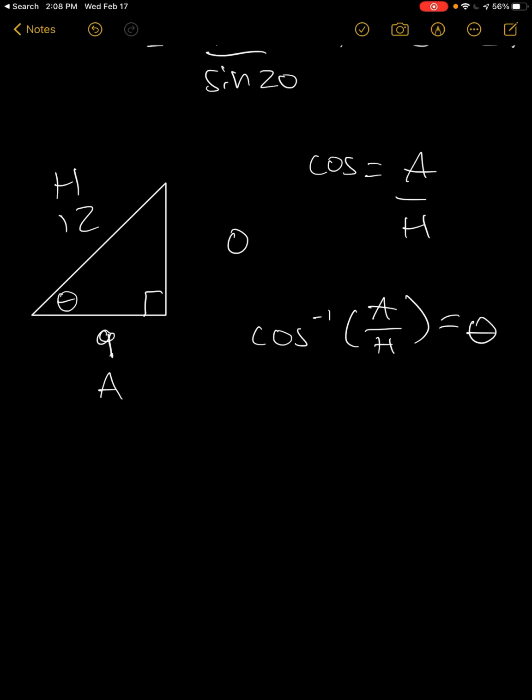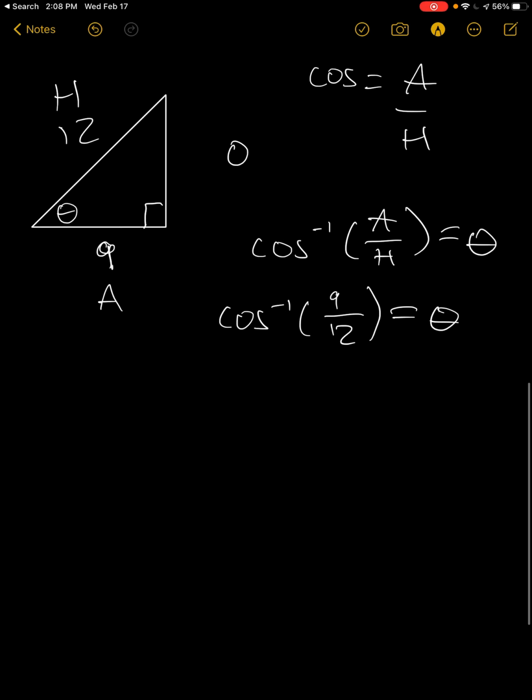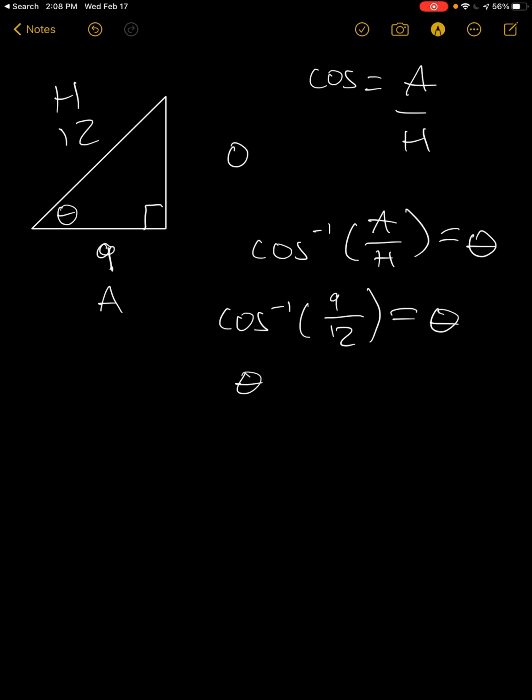Then when you go ahead and substitute those values in, cosine inverse of 9 over 12 is going to give you your angle. And theta is going to be approximately 41.41.